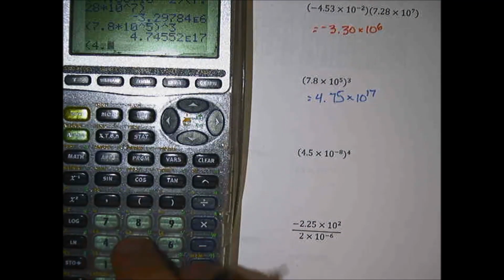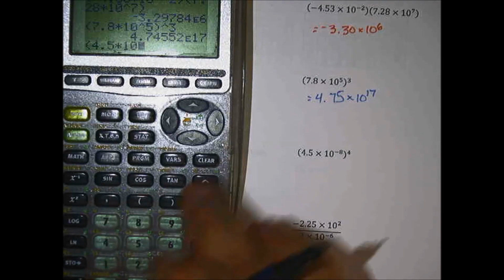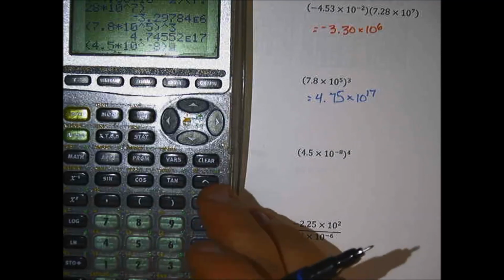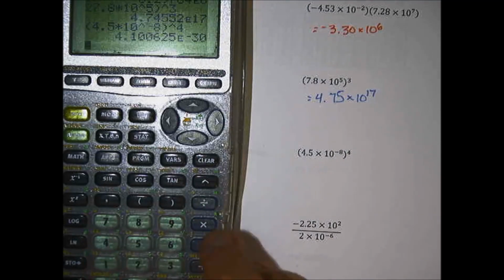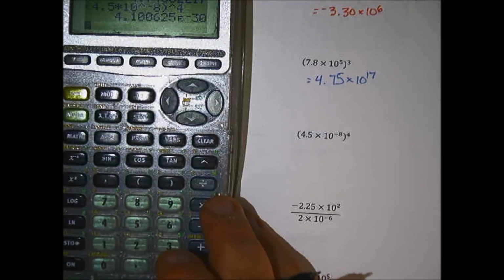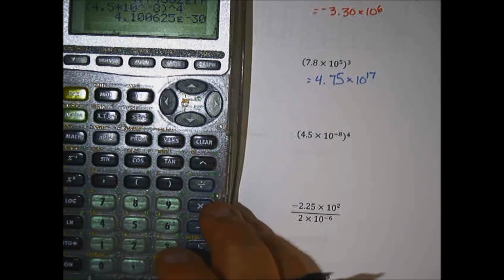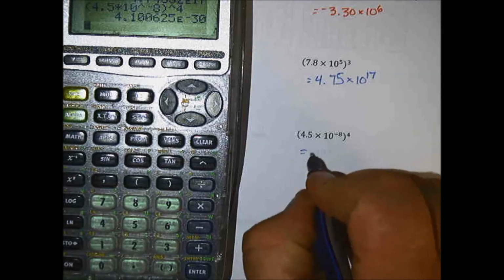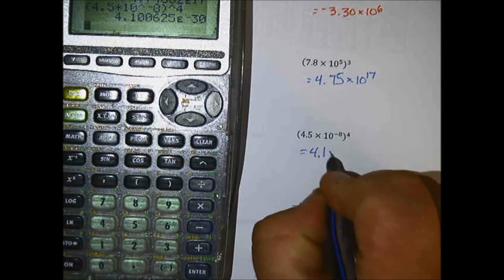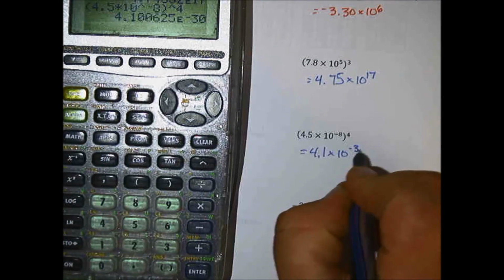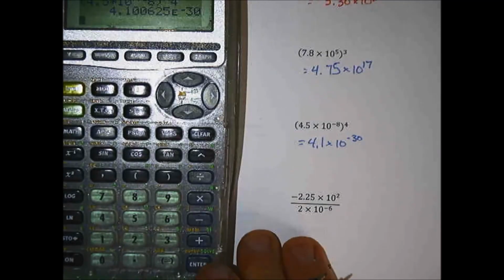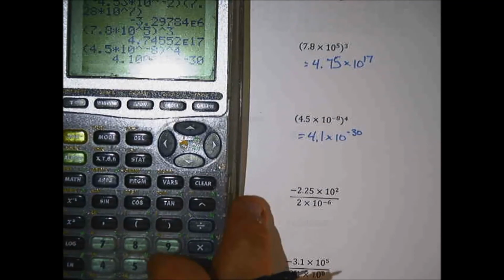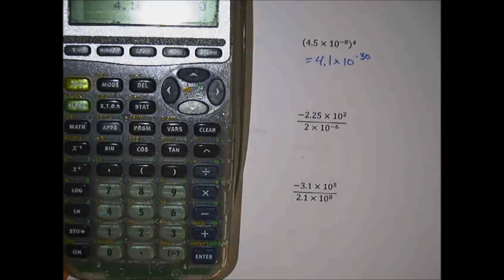And here we have 4.5 times 10 to the negative 8th. And we're going to raise that to the 4th. And we get 4.1 times 10 to the negative 30th. So you can see how this makes life quite a bit easier, just knowing how to make the calculator work for you. Let's go ahead and move this down.